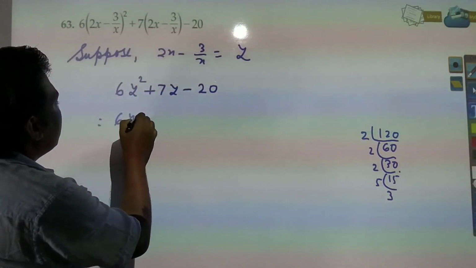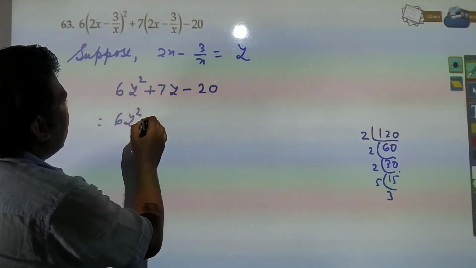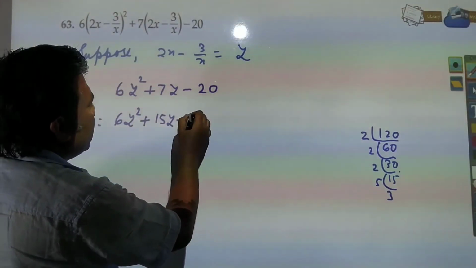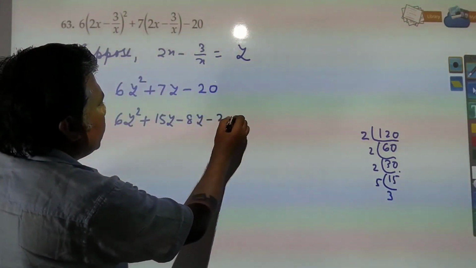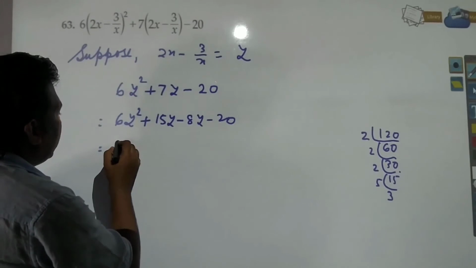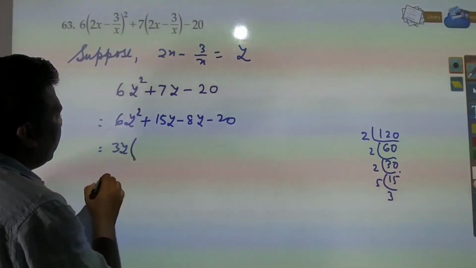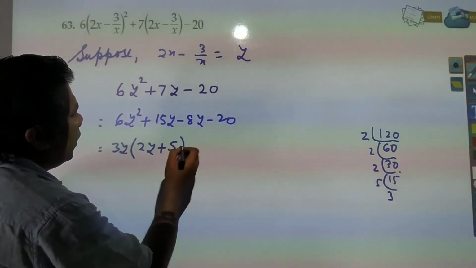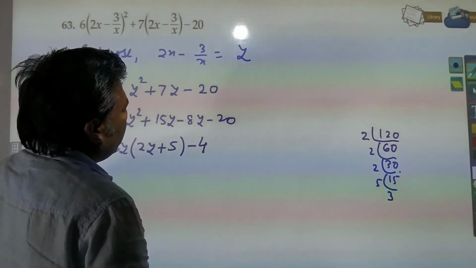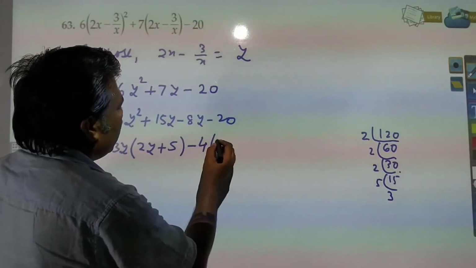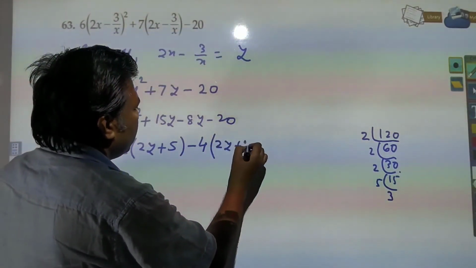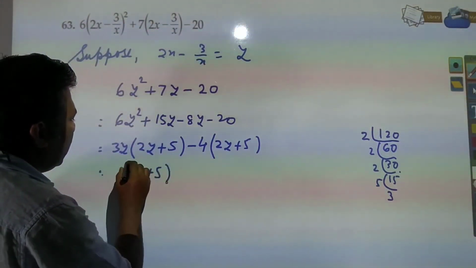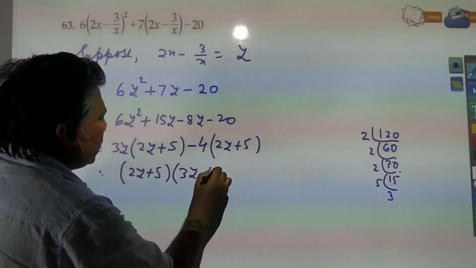So this will be 6y² + 15y − 8y − 20. If we take out 3y, we are left with 2y + 5, and if we take out −4, we are left with 2y + 5. So finally you will have (2y + 5)(3y − 4).